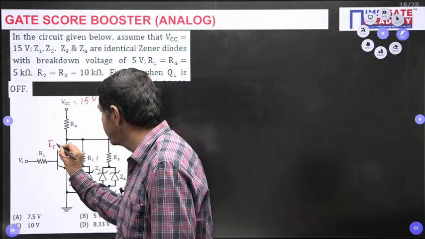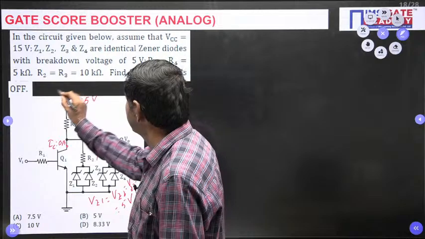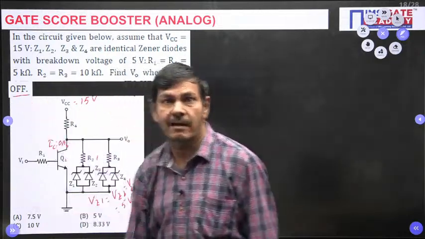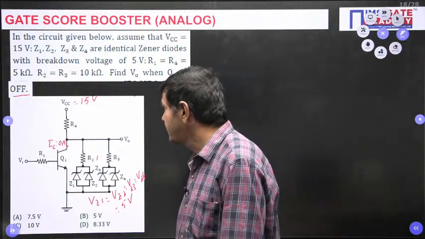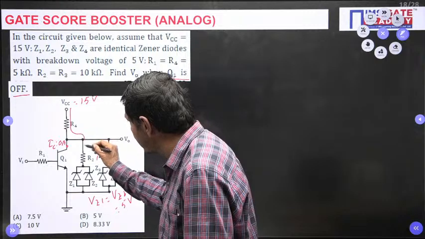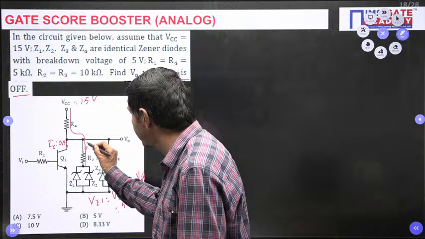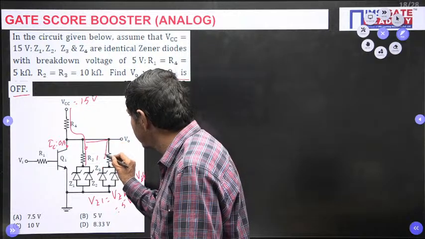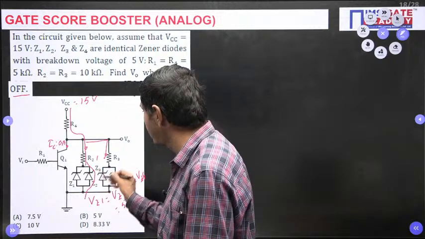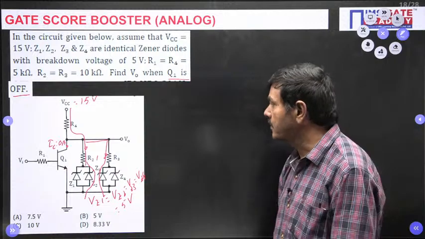But the current will try to flow this side and some current will divert this side, and they will go to this side or this side, in parallel.